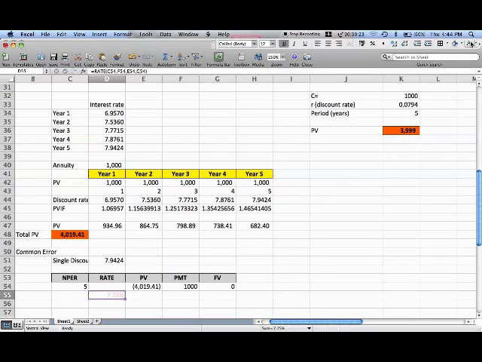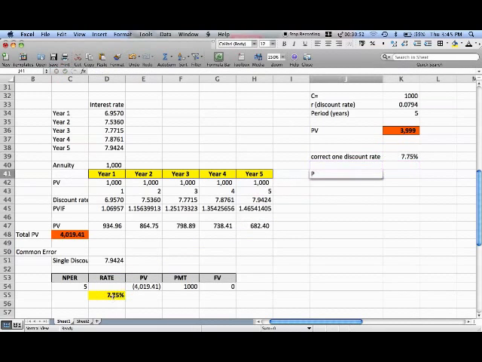Oh, sorry, it should be black, I think. Okay. And then I give it a yellow background, so it's easier for you to see. So this is the single rate that we need to apply when we use this formula. Okay, so the revised, or the correct, discount rate is this one.